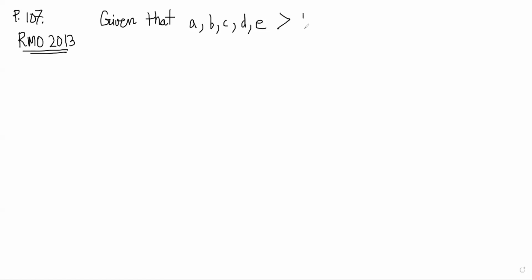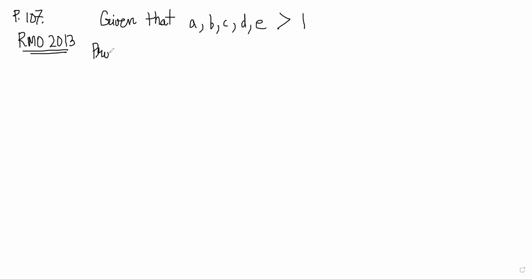This is problem 107, also from RMO 2013. Here we are given that a, b, c, d, e are greater than 1.